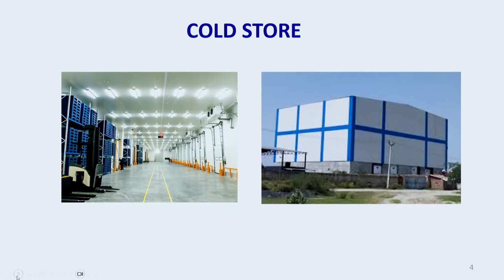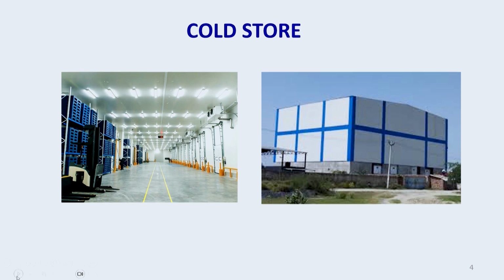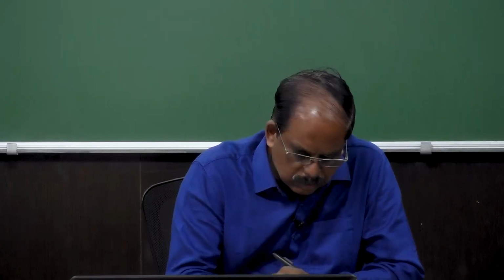The left side picture gives a clear view of the stacking system, the pallets and the racks which are used row wise, column wise, etc. All these things are there. This is the photographic view of the internal side of a cold room.